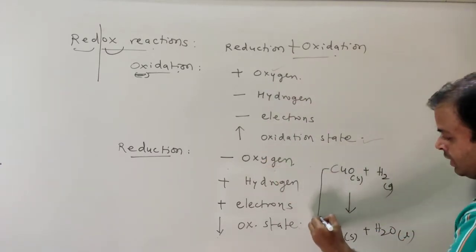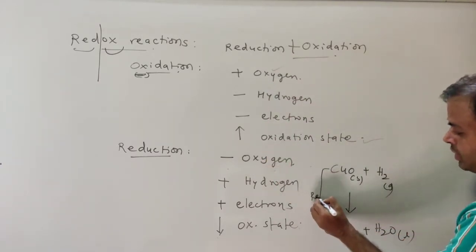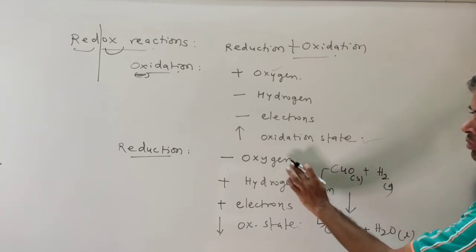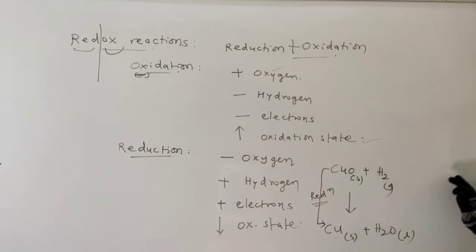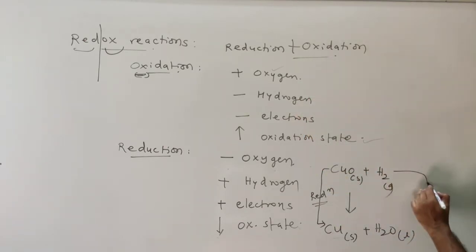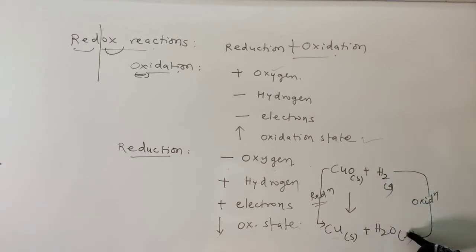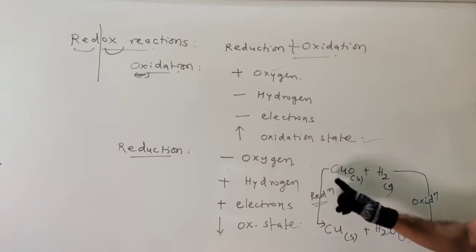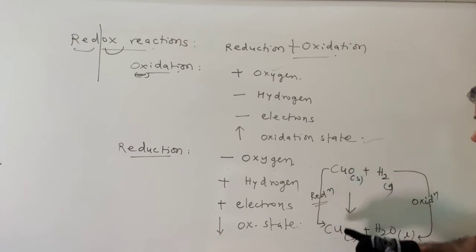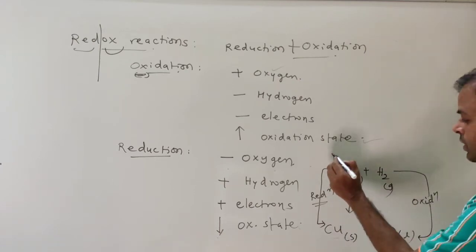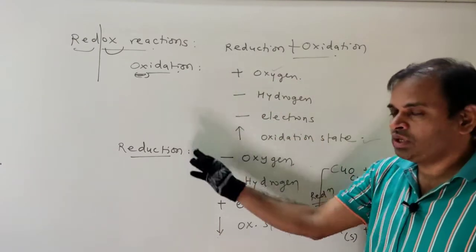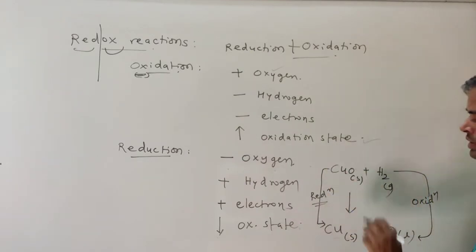That's why this is called reduction. Removal of oxygen is reduction. Addition of oxygen is oxidation. So H2 to H2O, what happens here? Oxidation. Here addition of oxygen is oxidation, and removal of oxygen is reduction. In this way we can define oxidation and reduction reactions using this example.